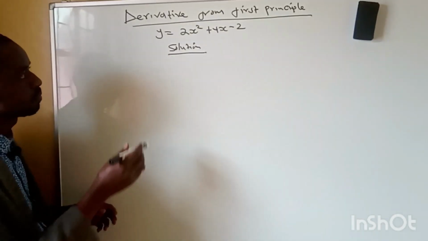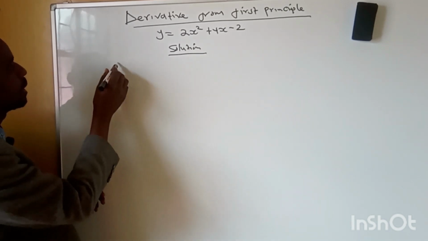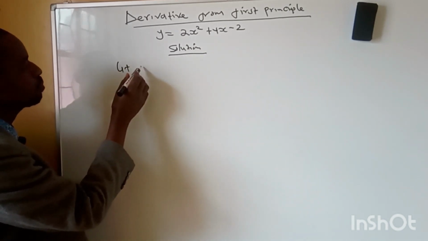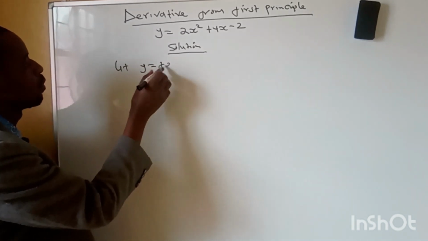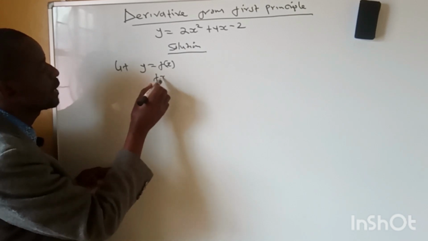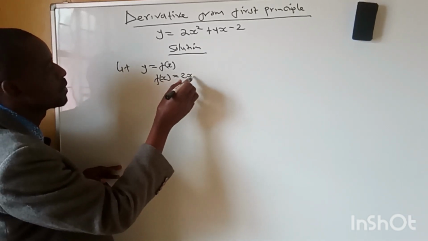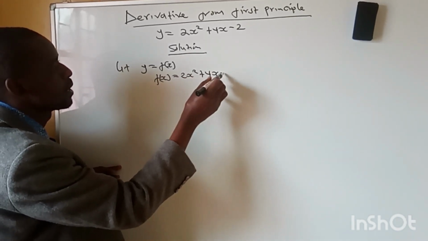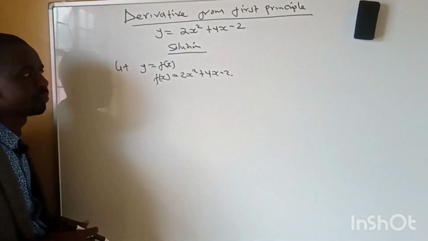So in this solution, the first step, I want to say, let y be the function of x. So we have the function of x is equal to 2x squared plus 4x minus 2.